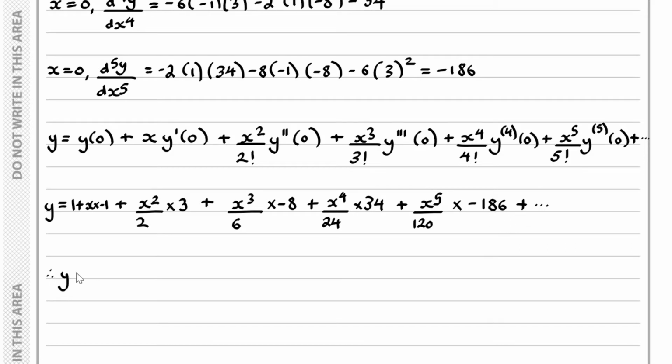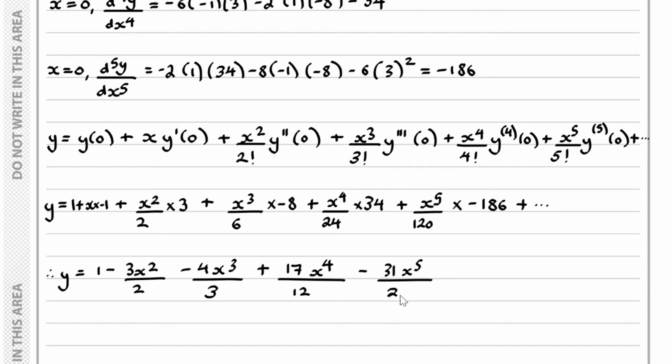And therefore, in conclusion, y is equal to 1 minus 3x squared over 2. And then here we have minus 4x cubed over 3. And then here we have 17x to the 4 over 12. And then here we have minus 31x to the 5 over 20, and then we have higher order terms.